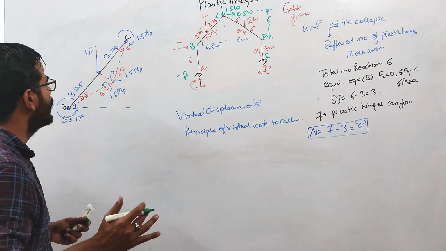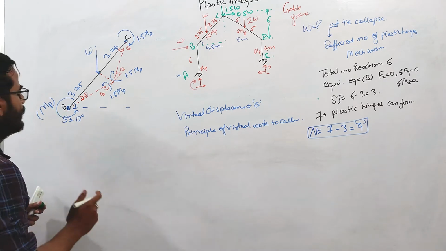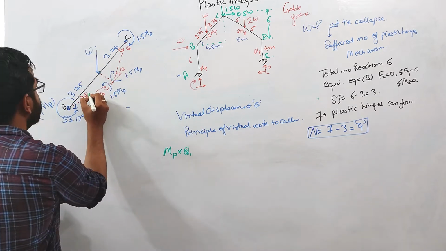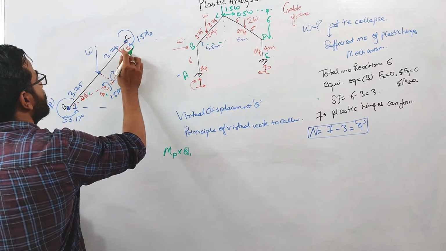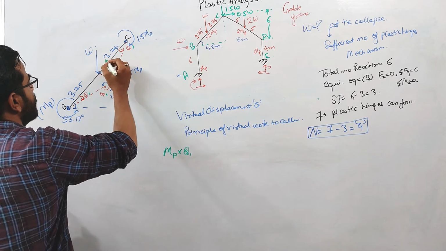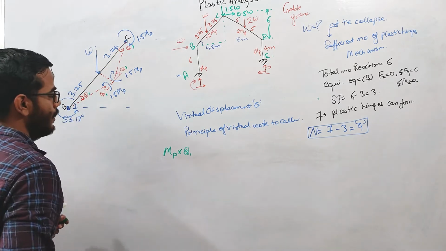What will be our internal virtual work done? Let us suppose this displacement is theta 1. These thetas are equal because these two distances are equal.